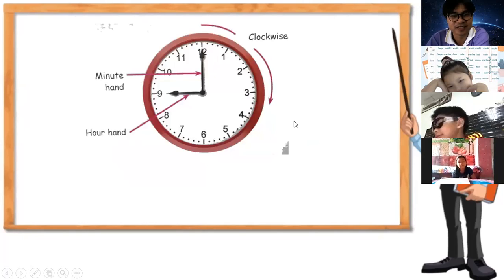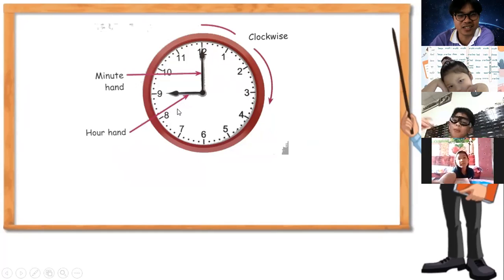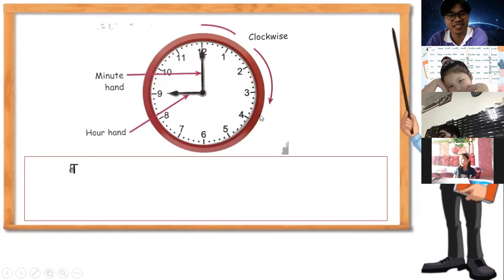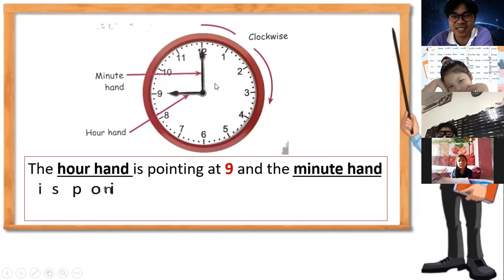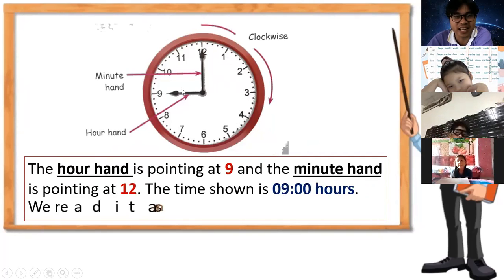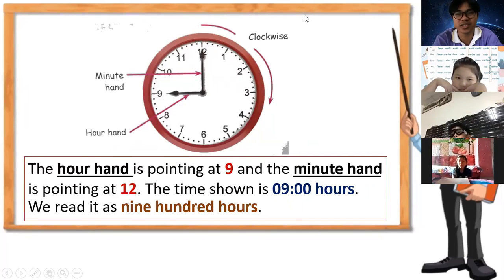The movement of the hands of the clock is clockwise, starting here, going here. In this clock, you can see that the hour hand is pointing at 9.